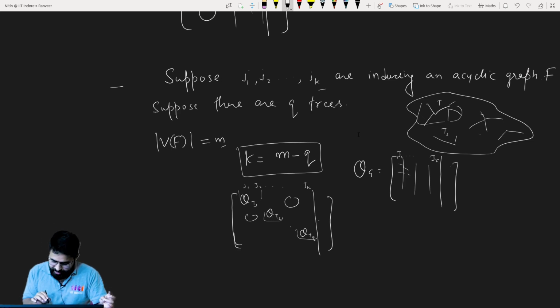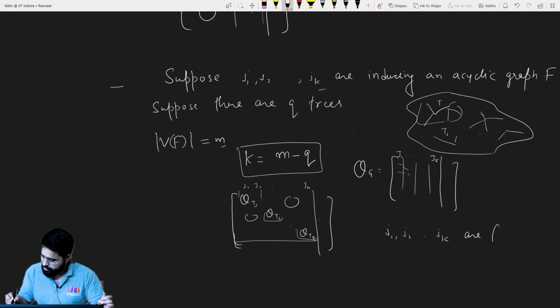Here the number of edges is 1 less than the number of vertices, since these are trees. So in total, if you add the ranks, this will be equal to K. That means the whole matrix is full rank, hence the columns J1, J2 up to JK form an independent set.